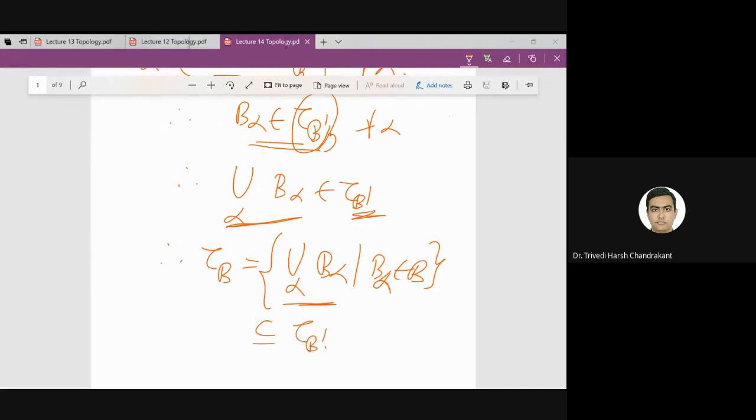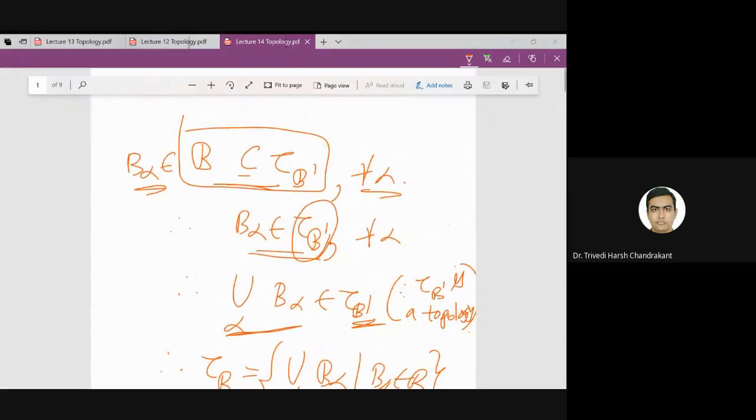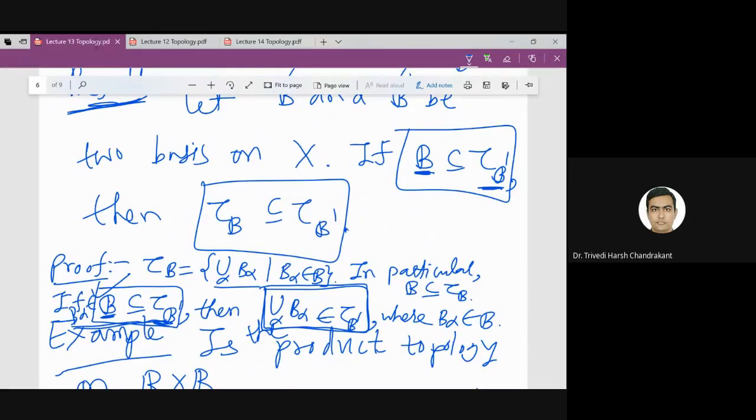So we use only that tau B dash is a topology, and every topology is closed under union. This is just a simple result which we can use.